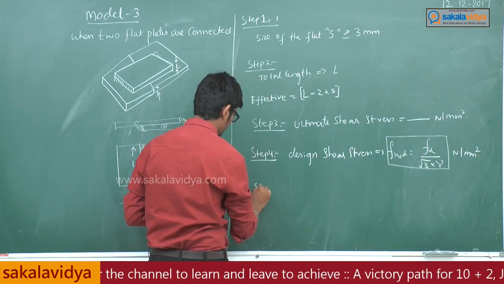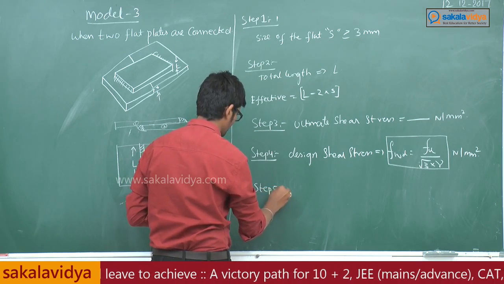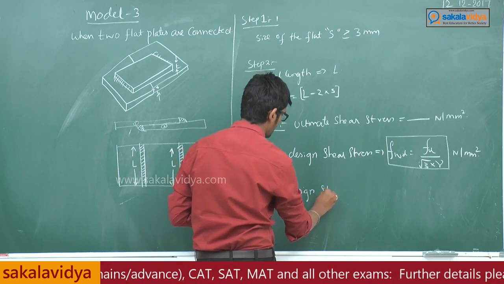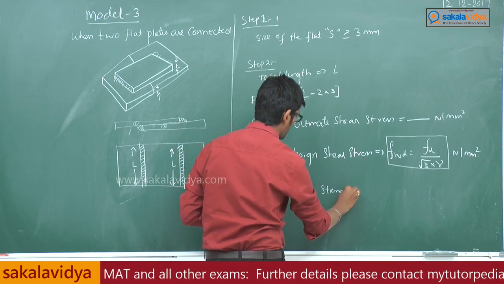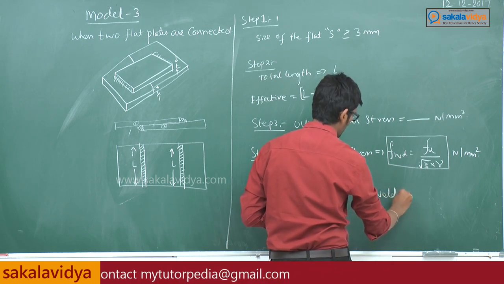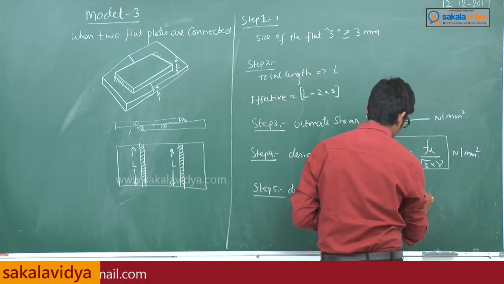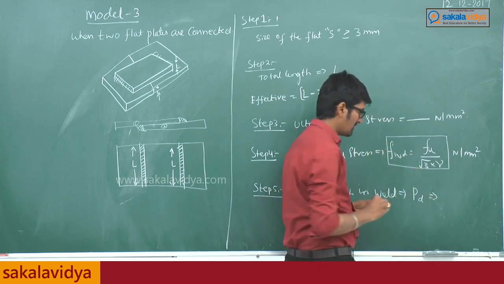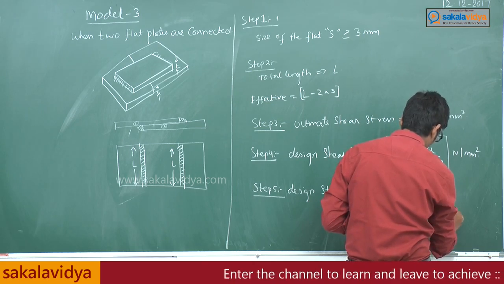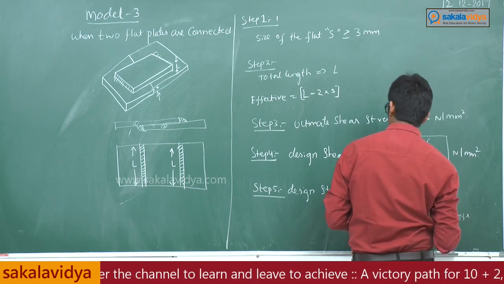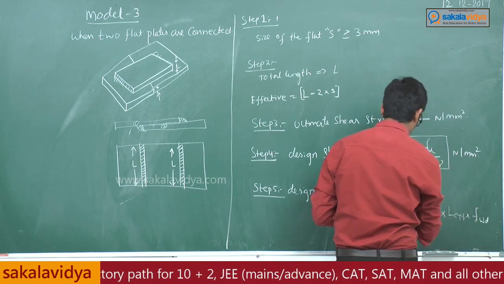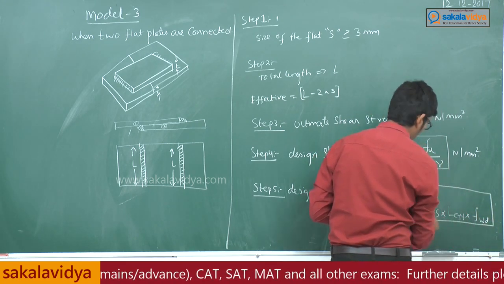Step 5: design strength in the weld, that is PD, is equal to 0.7 into size of the weld into L effective length into design shear stress, that is FWD, that is design strength in the weld.